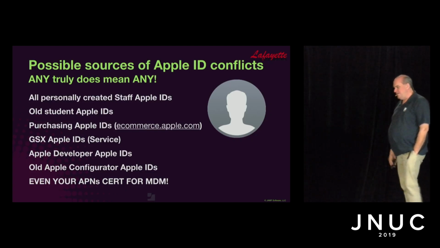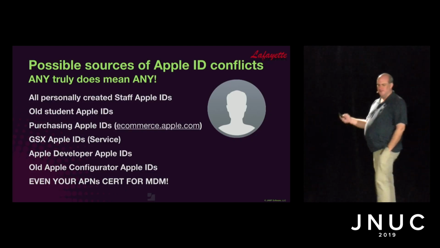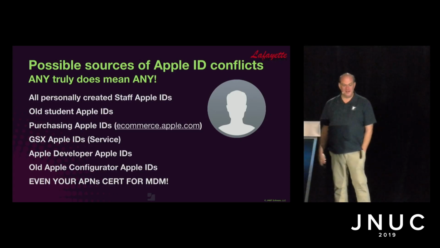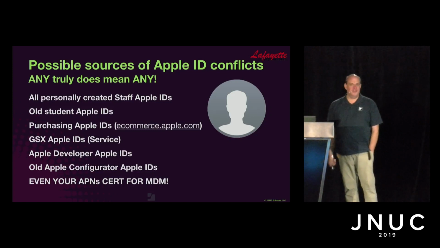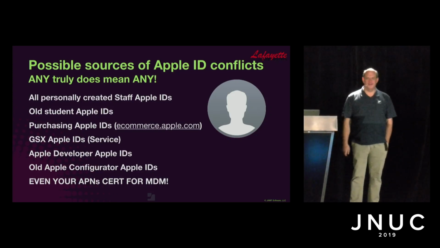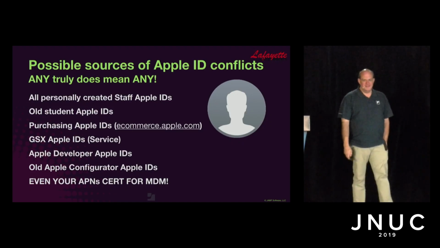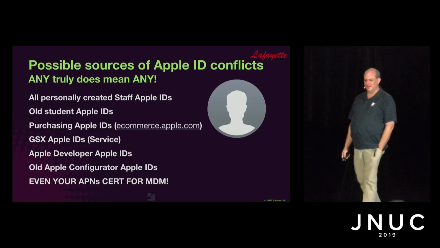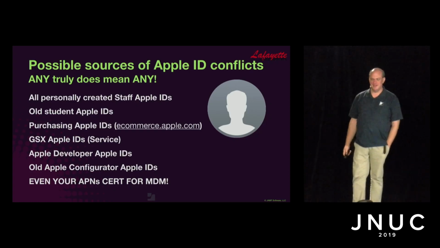Any technicians that work in GSX, yeah, those have Apple IDs. You have a developer account, oh yeah. Configurator, and the more scary one, even your APNS cert somewhere had an Apple ID on your domain, most likely. So, yeah, that gets kind of scary. You're thinking maybe some of those cannot be changed.